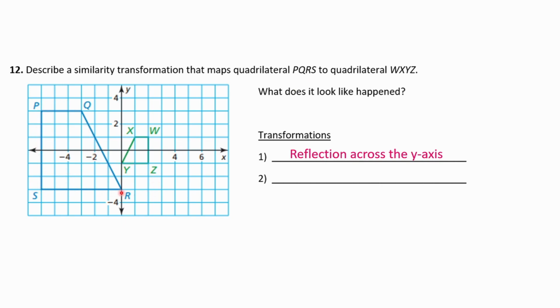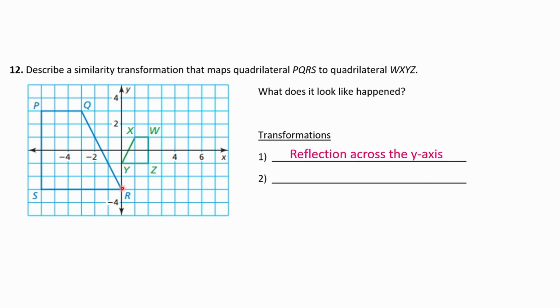I also know that PQRS is significantly larger than WXYZ. And my kind of hint for this is look for things that are on an axis, because those are going to be easier to determine a scale factor with. Because R goes down 1, 2, 3, so R is at 0, -3 right here. And I know R needs to land on Y, and Y is at 0, -1.